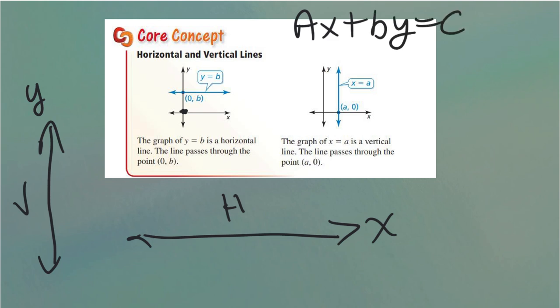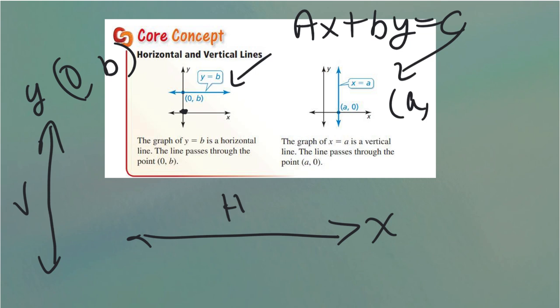This first one here is telling me that x equals 0 and y equals b. This one here is telling me that x equals a and y equals 0. Do you see?